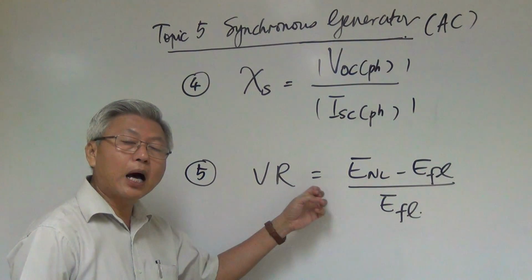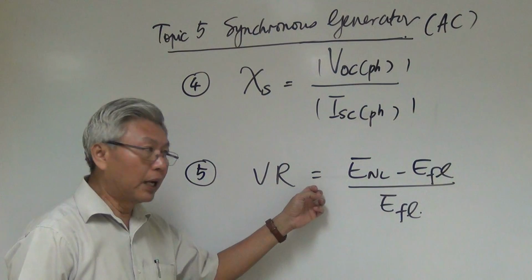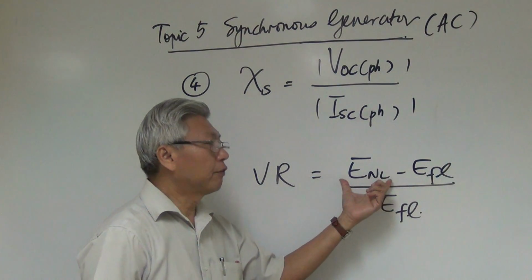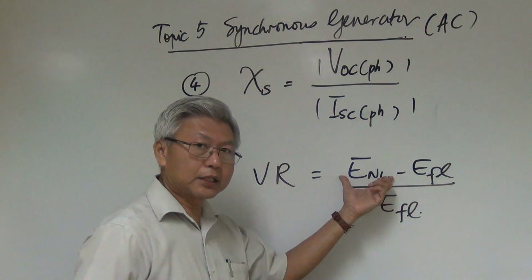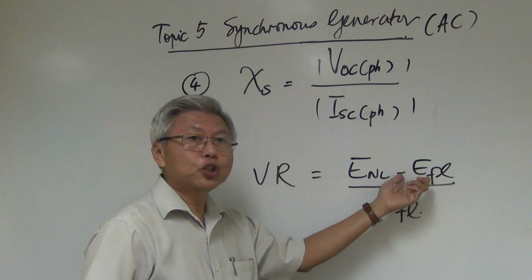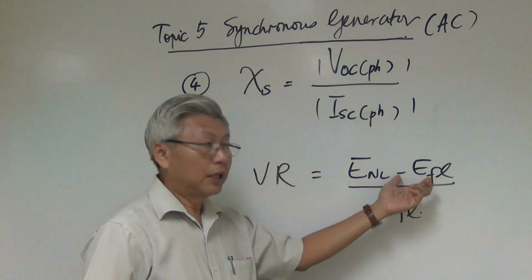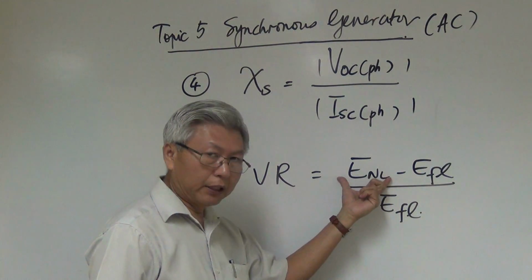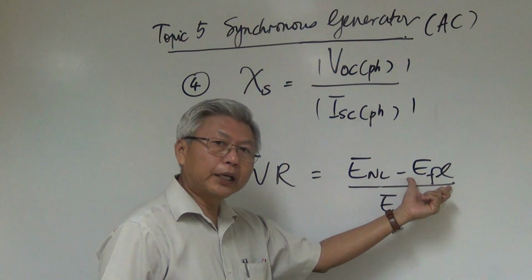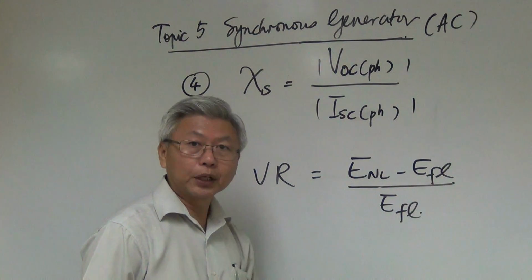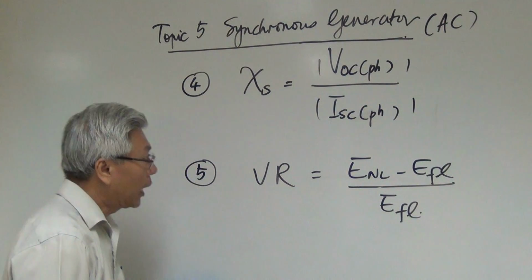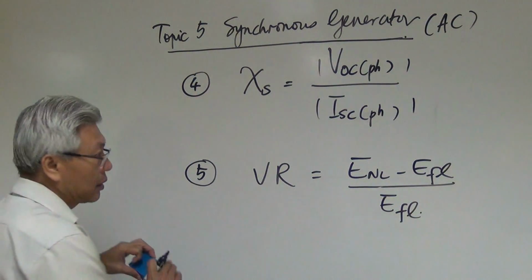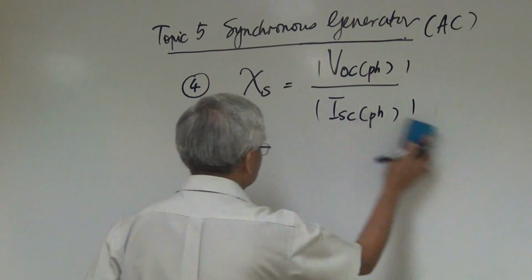This is a measurement of how good the generator is. Let's say it is 5 kV when it is no load, but when it's full load, the voltage drops to 4.8 kV. Then the voltage regulation is 5 kV minus 4.8 kV, divided by 4.8 kV. So these are all the 5 learning points for the synchronous generator.